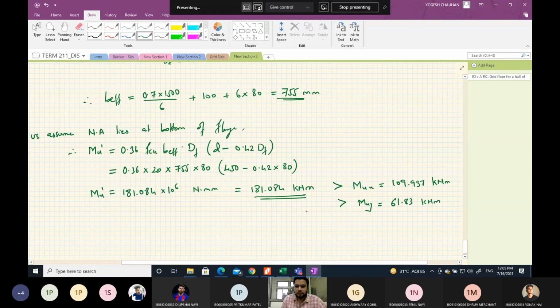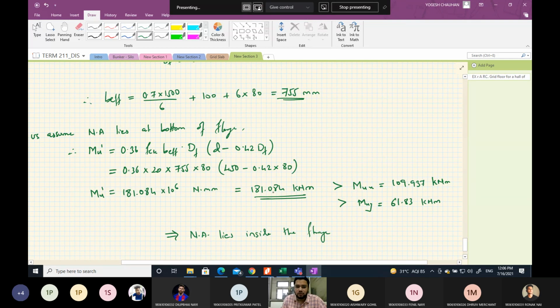So this implies that the neutral axis is not lying at the bottom of the flange, it is lying inside the flange.